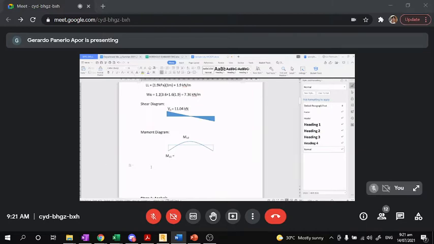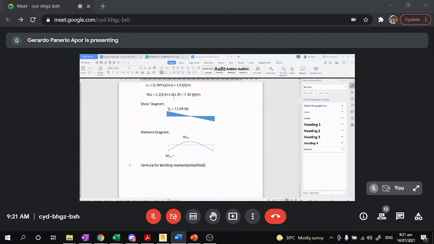So I will put here the formula for the bending moment, simplified.